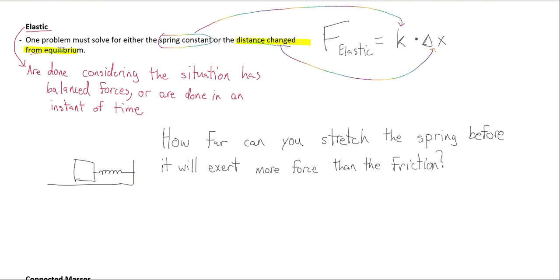Now that might be a good question, but the problem is we don't have any information. So this problem isn't close to solvable yet. Let's go ahead and give ourselves a free body diagram so we can actually figure out what's going on. If we stretch the spring, it wants to pull back inward, so I'll go Fe for F elastic.